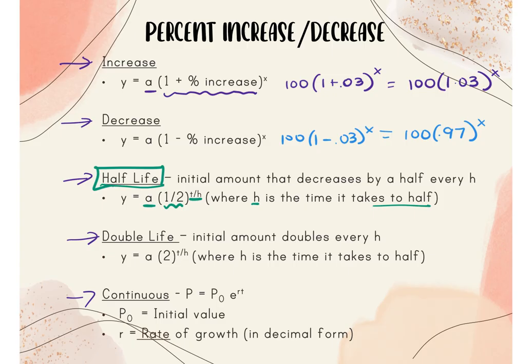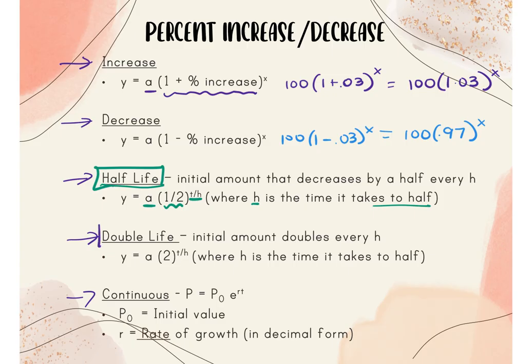So if it says the half-life of a certain bacteria or mineral is 10 years, then your h is 10. And then if it asks how much is left after 2 years, now your t is 2.